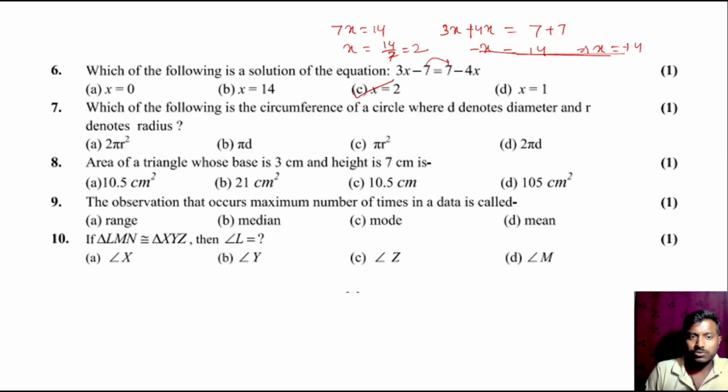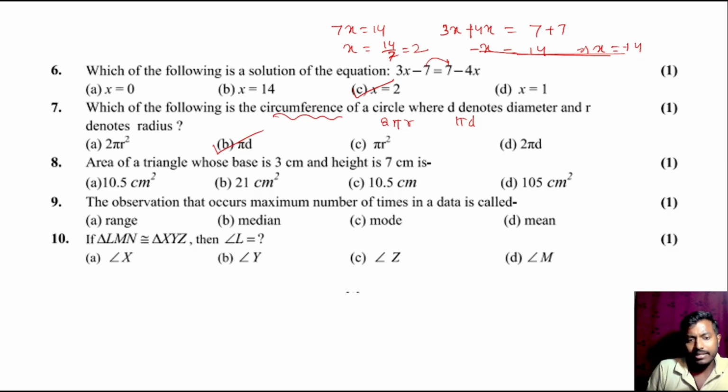Okay. Next question. Which of the following is the circumference of a circle, where D denotes the diameter and R denotes the radius? Circumference means 2 pi r, or we can write pi d. Here option B is the correct answer. Next question: the area of the triangle whose base equals 3 and height equals 7.